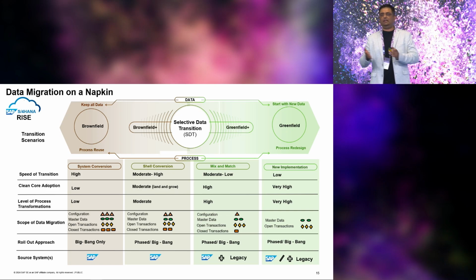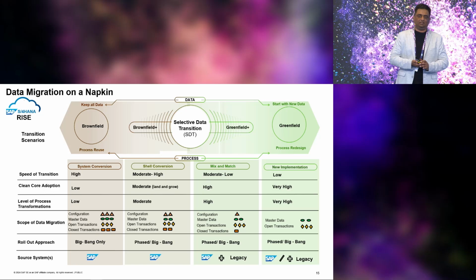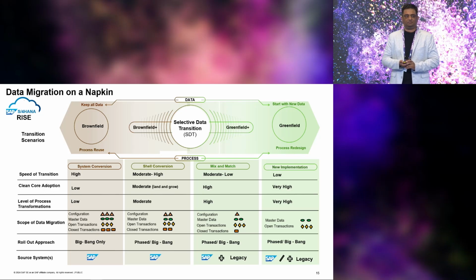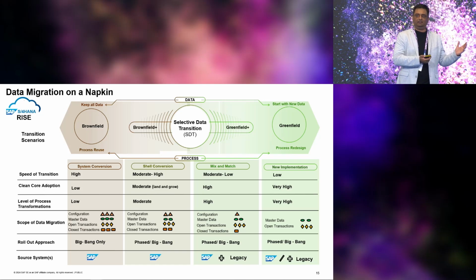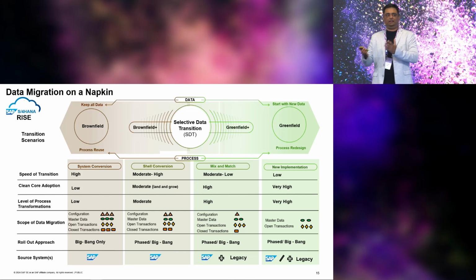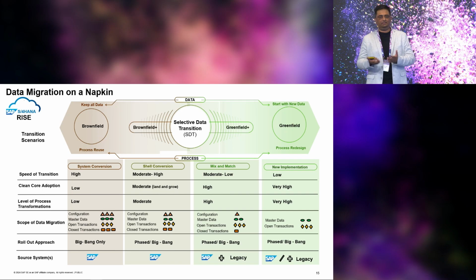When you do this, the entire data set that you have in the system automatically gets converted into your S/4HANA system. Considering the typical speed of transition, a system conversion is typically perceived as high because you take everything in your system. You obviously have to focus on the checks offered by the SUM tool and finance conversion activities.